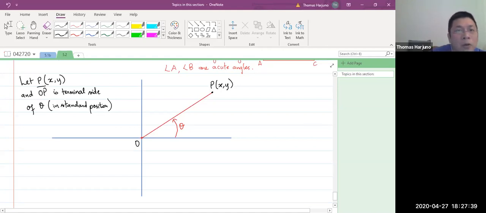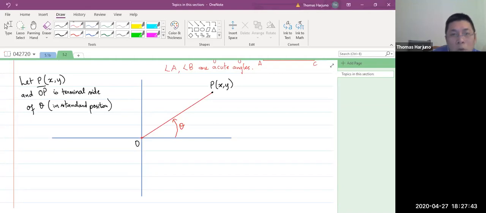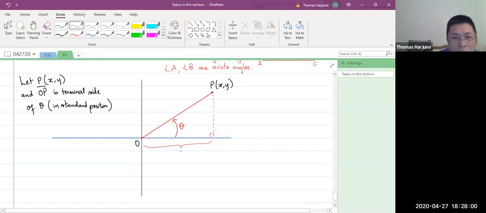Okay, now then we will define the following. Notice that if I pull this line down here, it forms a right triangle, such that the length here, according to that coordinate P(x, y), will be x, and this will be y.